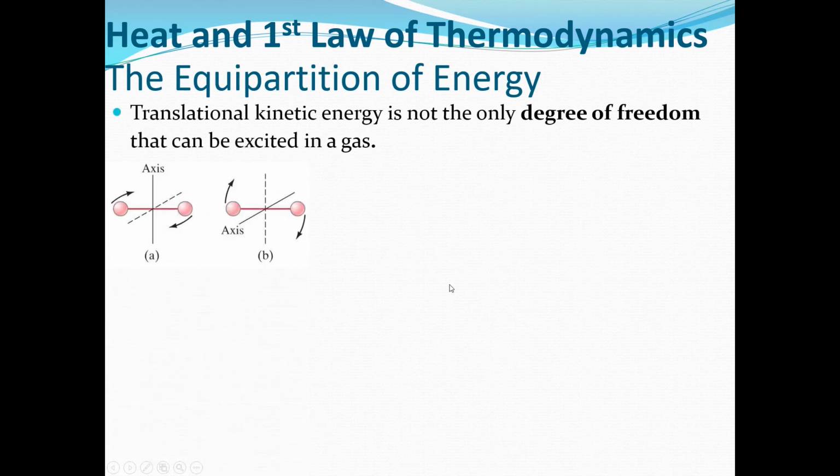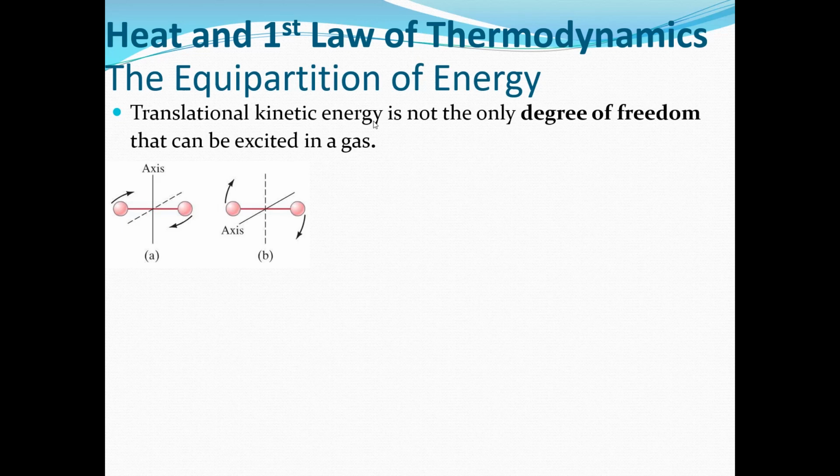All right, so this is going to lead into something that we call the equipartition of energy. I mentioned before that the equation for the monatomic gas of 3 halves nRT is specific for monatomic based off of the type of energies allowed. This is because translational kinetic energy is only allowed 3 degrees of freedom: motion in the x, motion in the y, motion in the z.